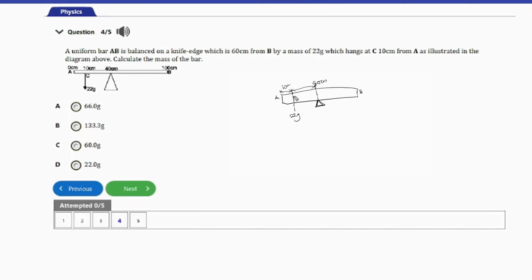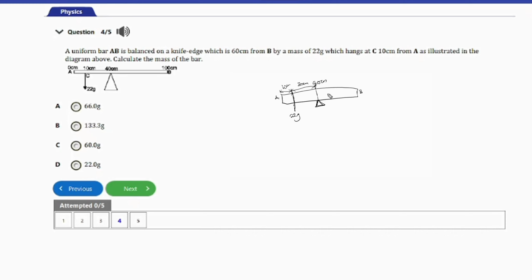Since the mass here is 10 cm from A, it's going to be 40 minus 10, that's 30 cm from the pivot. So guys, that's 30 cm here.